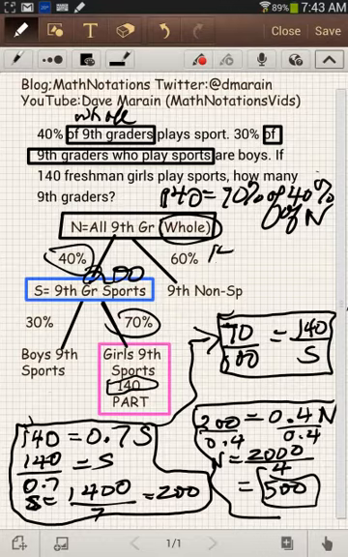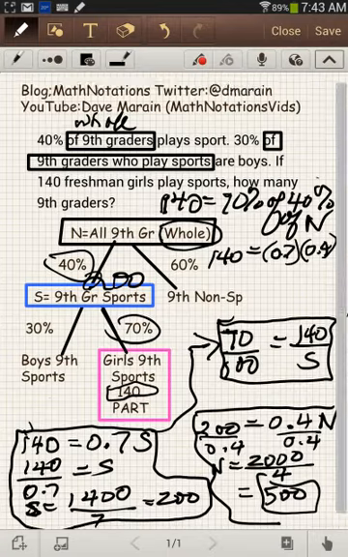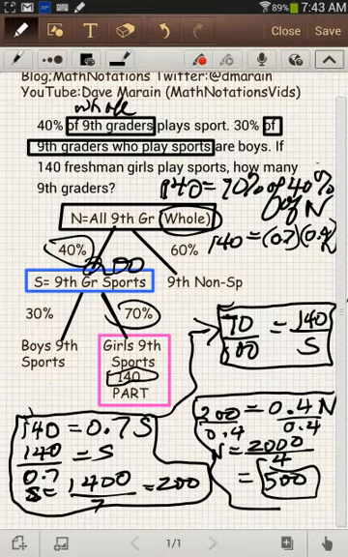So 140 equals 0.7 times 0.4 times N. So I'm skipping some steps here.